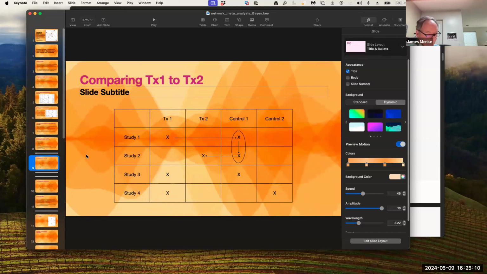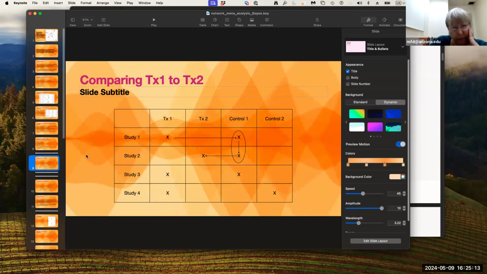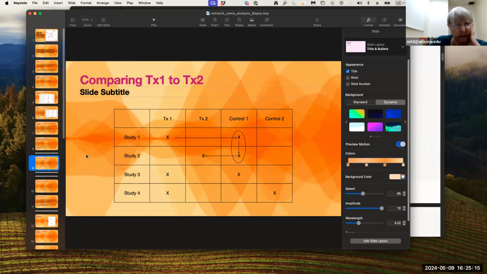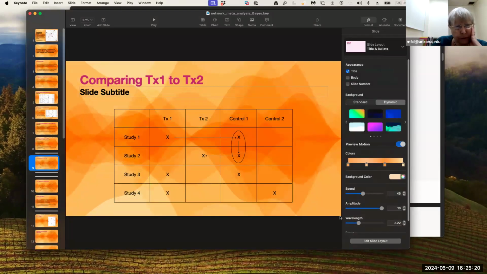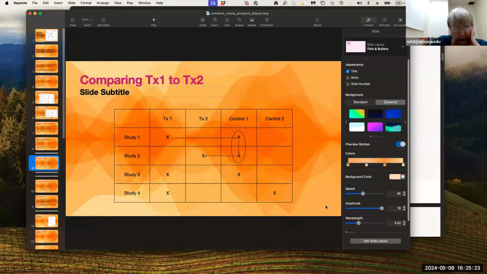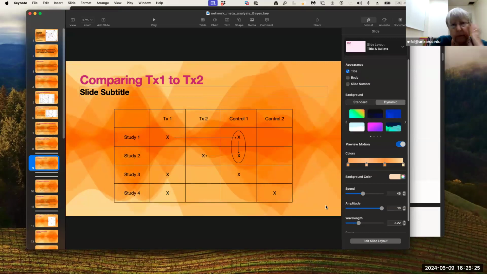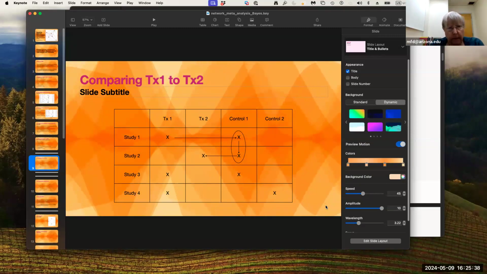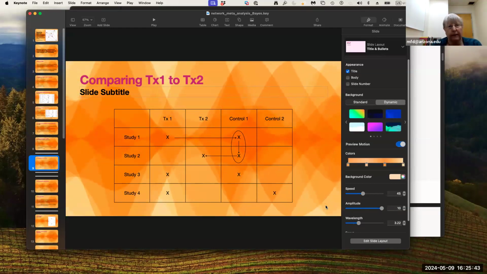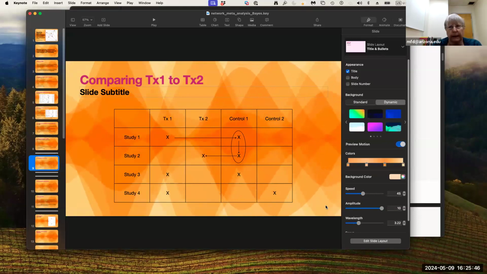So you don't mean this, but the line from control to treatment 2 is shorter than the line from control to treatment 1. Just eyeballing it, if the effect size in study 1 was 2 standard deviations and the effect size in study 2 was half a standard deviation, then you could compare the two.